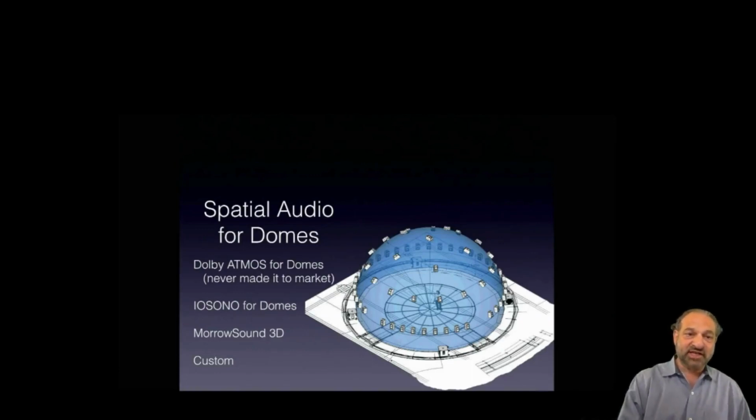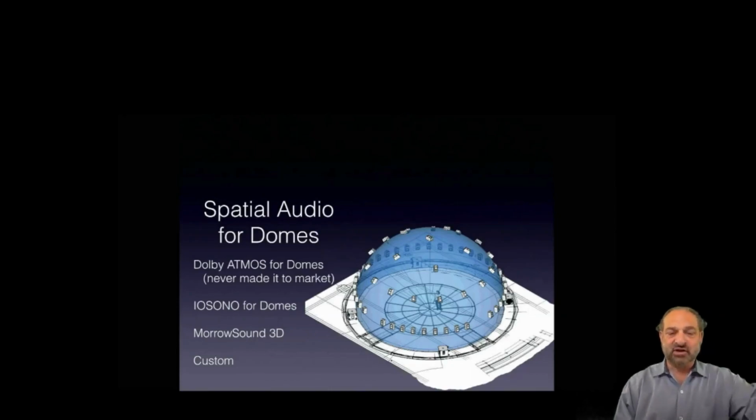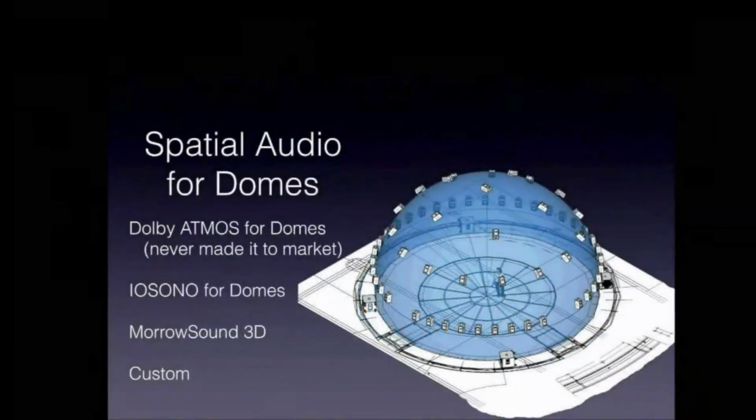But as I said, it never made it to market. The nice thing about the Eosono system, and that's the one we chose, is that we were able to get an off-the-shelf processor, but more importantly, they have a plug-in for an existing digital audio workstation software. And once we have that plug-in, we can design our audio for our own systems.